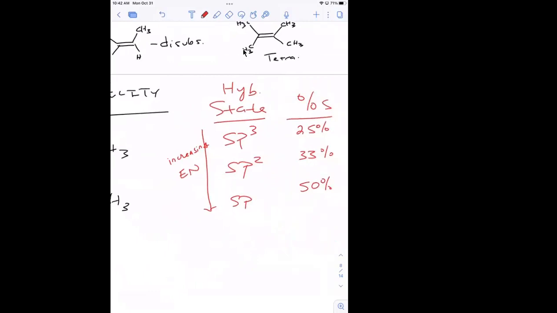So an sp hybridized carbon is going to be more electronegative than an sp3 hybridized carbon. There's a reason for that. The more s character you have, the more of the nucleus is exposed, right? So if the nucleus is more exposed, it's going to be more attracted to electrons from somewhere else.